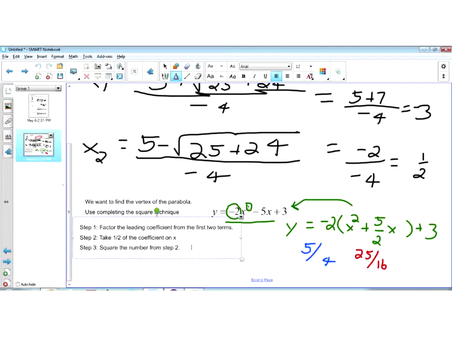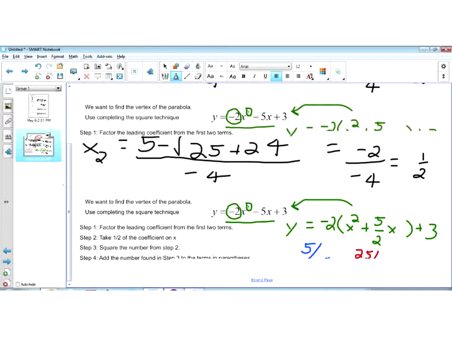Moving right along, step 4. Add the number found in step 3 to the terms in parentheses.